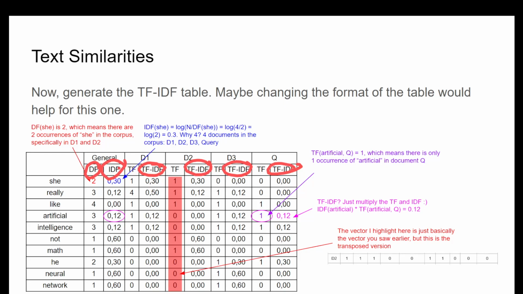DF is document frequency. It states the occurrence of a certain term in the corpus. For example, if we take a look at this 2 over here, the DF of "she" is 2 because there are two occurrences of "she" in the corpus, in D1 and D2.